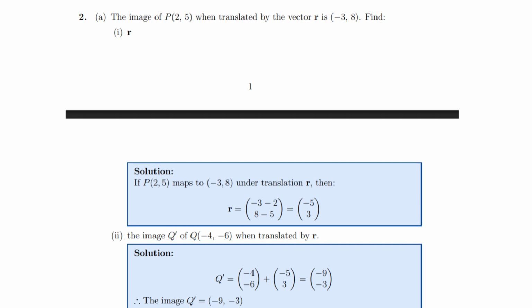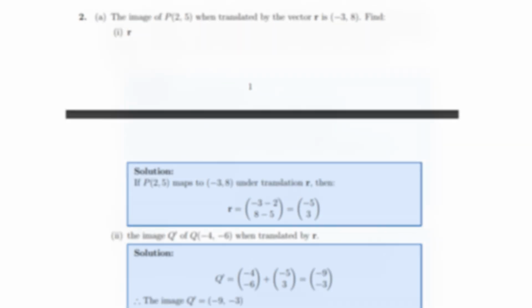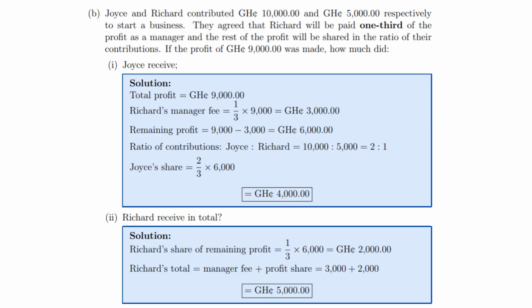Then for the image K prime of K (-4, -6) when translated by R, we add the translation vector to K. Then we get K prime, which gives us (-9, -3).